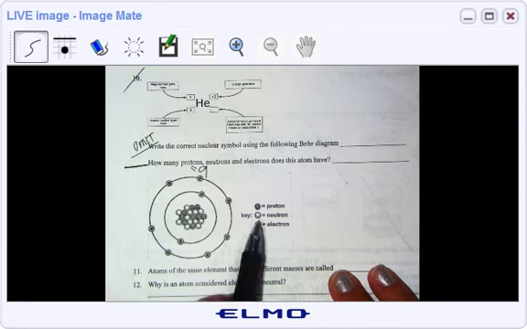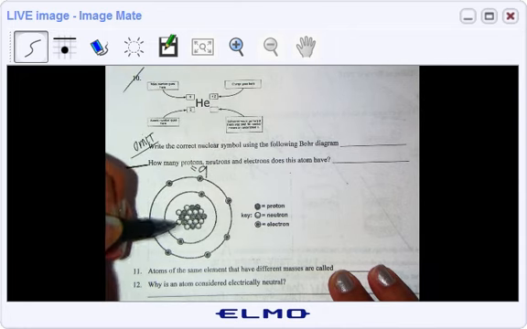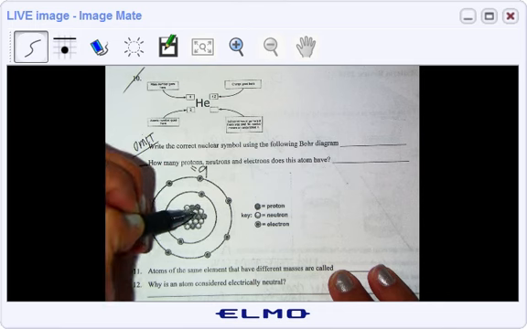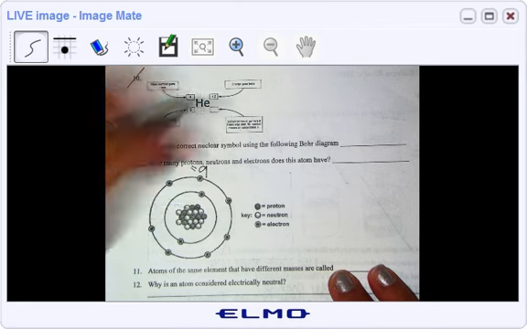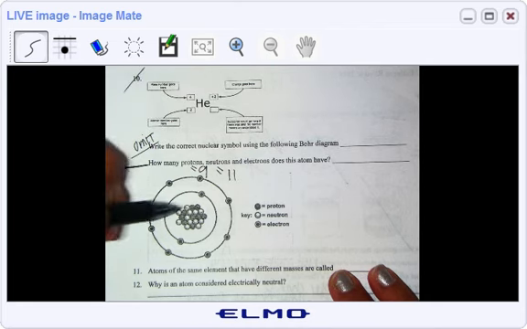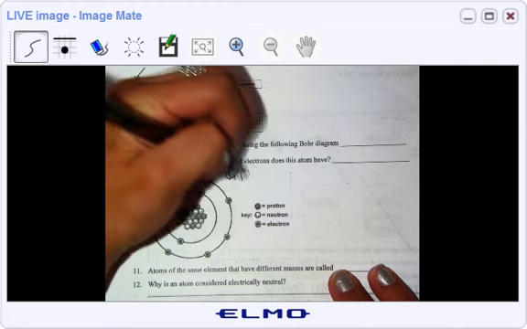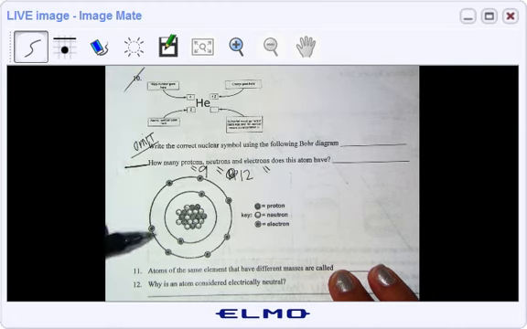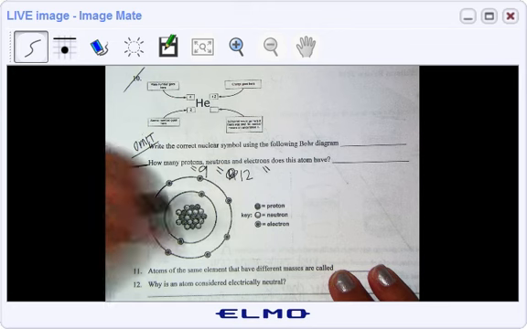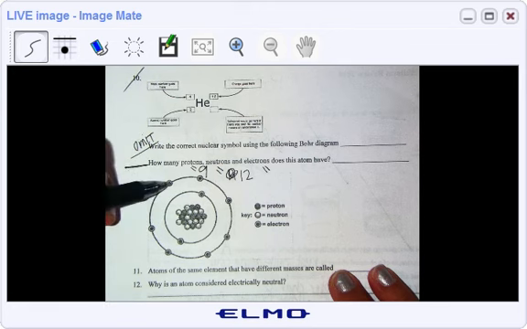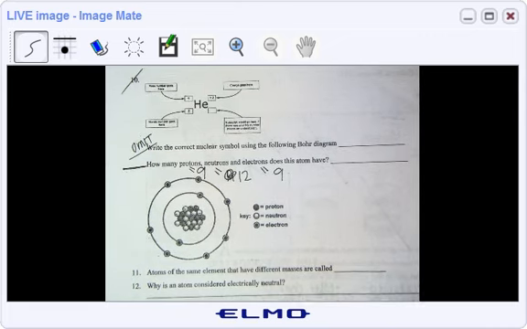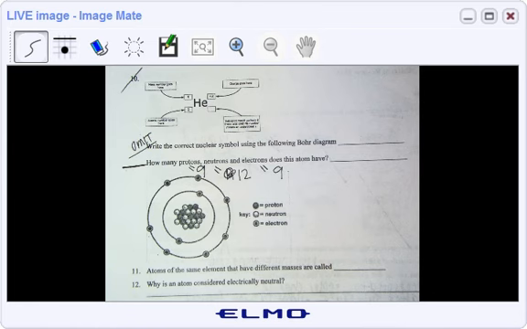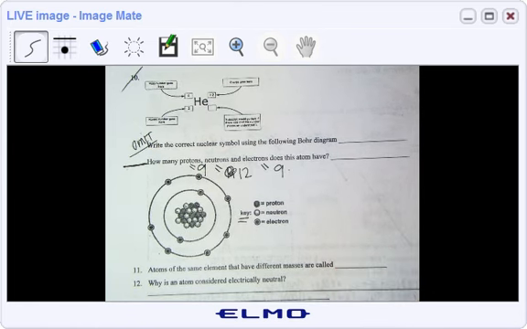And the neutrons are the clear white circles. 12. And electrons. Electrons are in the electron cloud. That's all you had to do for that. You'll see this diagram as well. Just look at the key to figure out what's what.